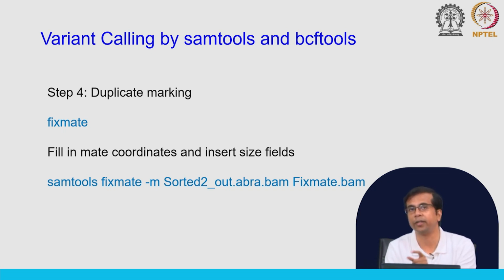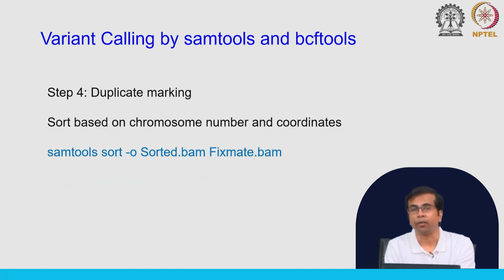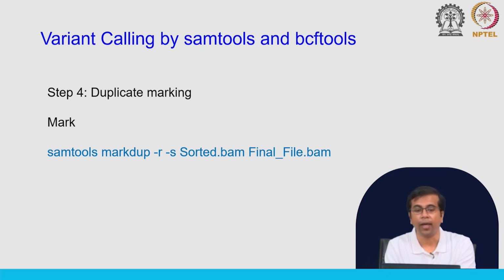It will identify the mates, fill in the mate coordinates and then calculate the insert sizes, etc. And once this is done, we have to again sort based on chromosome number and coordinates, because duplicates will be identified by their positions in the reference sequence. As we have discussed, they should start at the same position and end at the same position. And finally, the actual marking. This is the markdup command that we can execute.